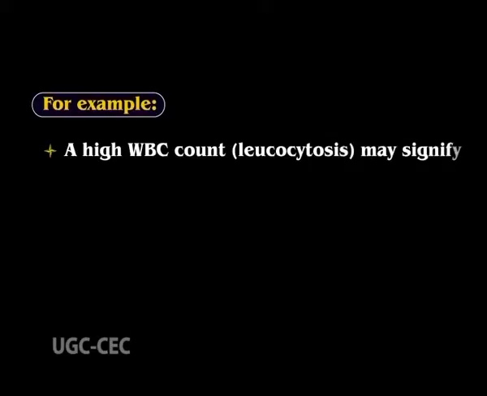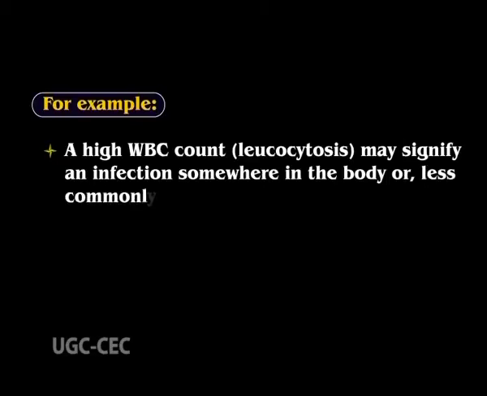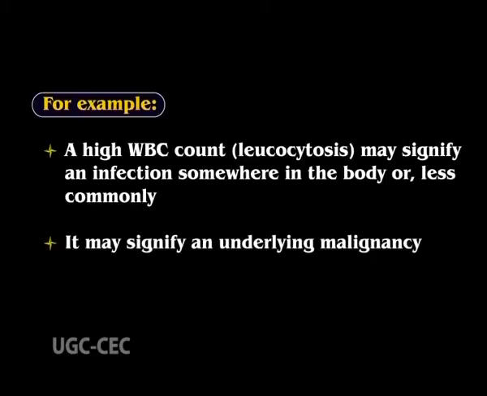Hence, blood count is done much before diagnosing a disease, particularly one related to metabolic malfunctions. For example, a high WBC count, called leukocytosis, may signify an infection somewhere in the body, or less commonly an underlying malignancy.